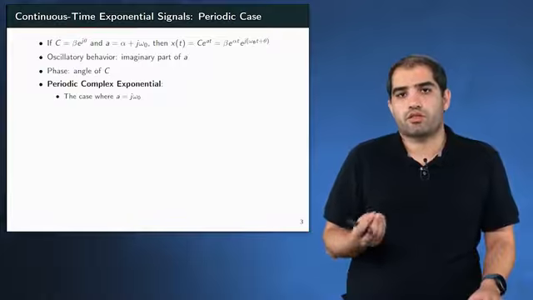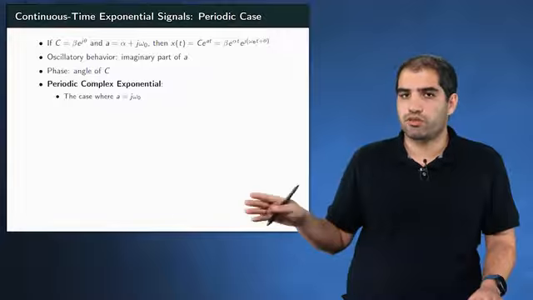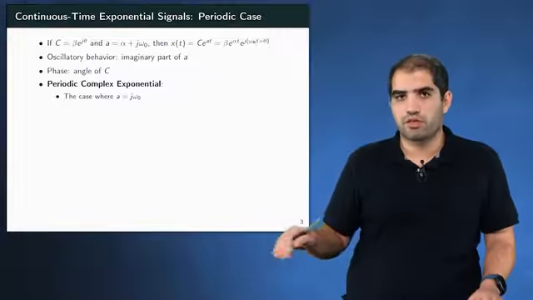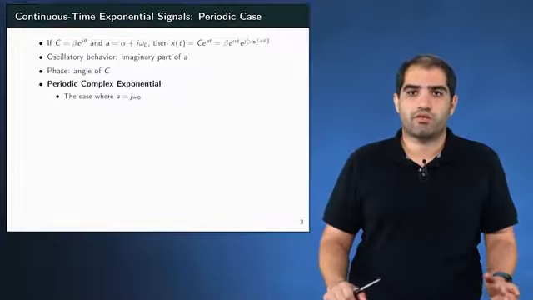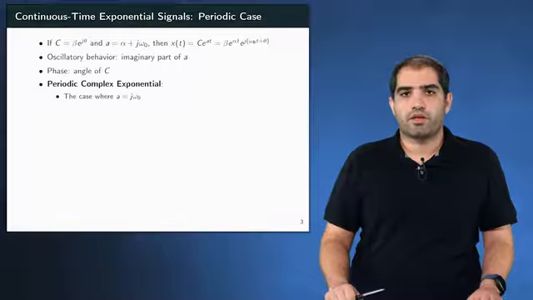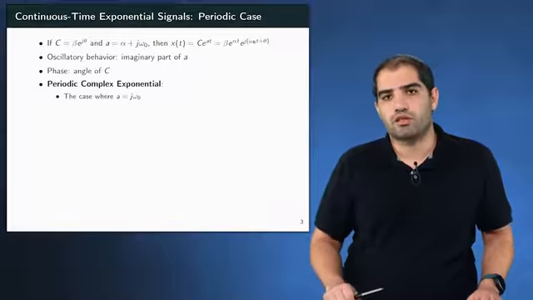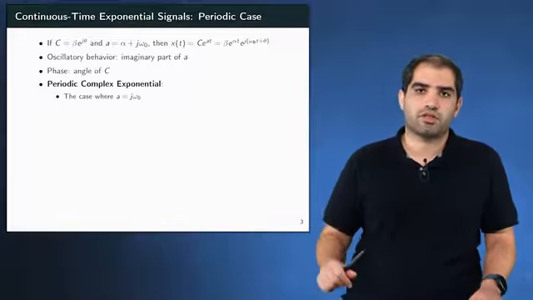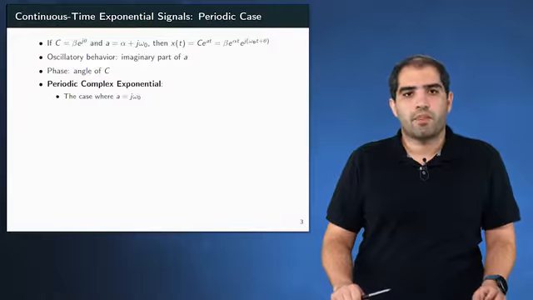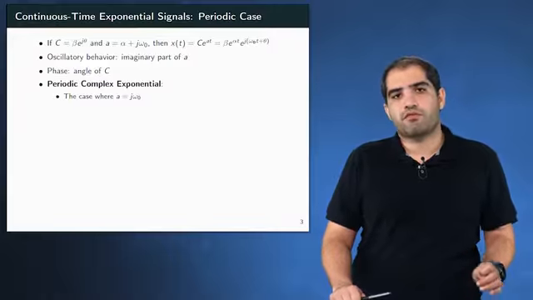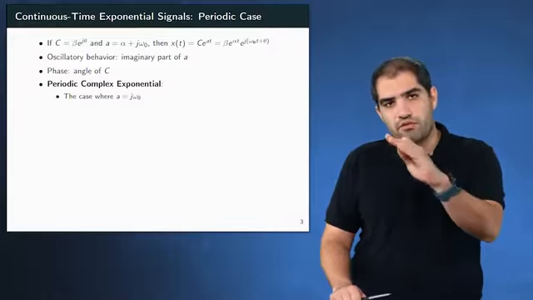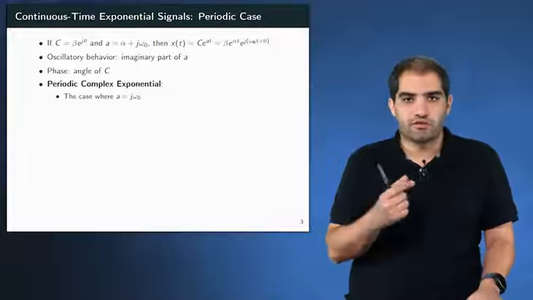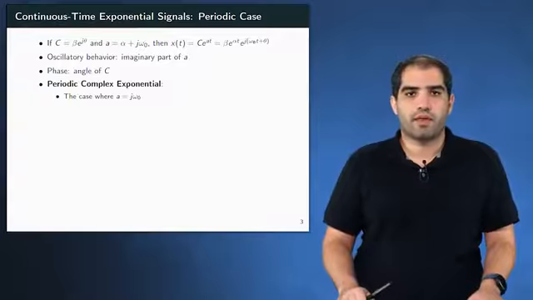So if omega naught is 0, then we don't have any oscillation. So it's a pure real-valued exponential. And if omega naught is not 0, then we have an oscillatory signal. The phase of c, which is the angle of c, tells us the phase of this whole exponential.